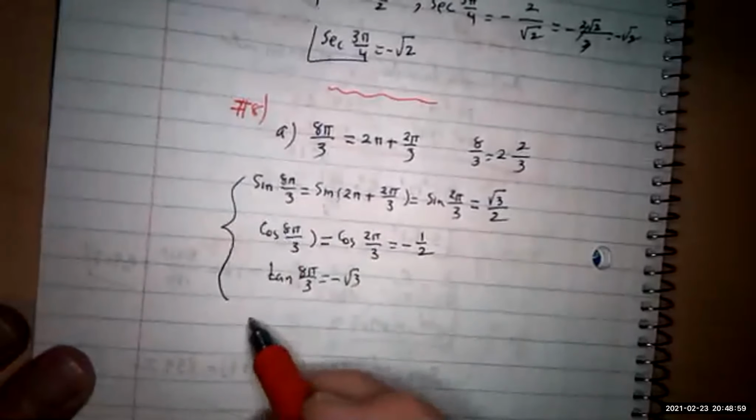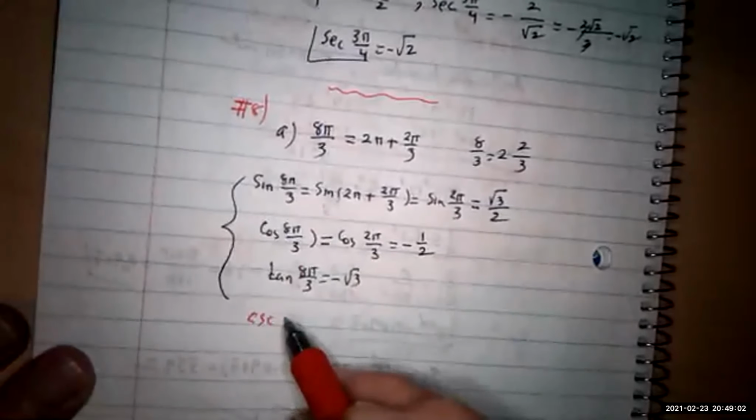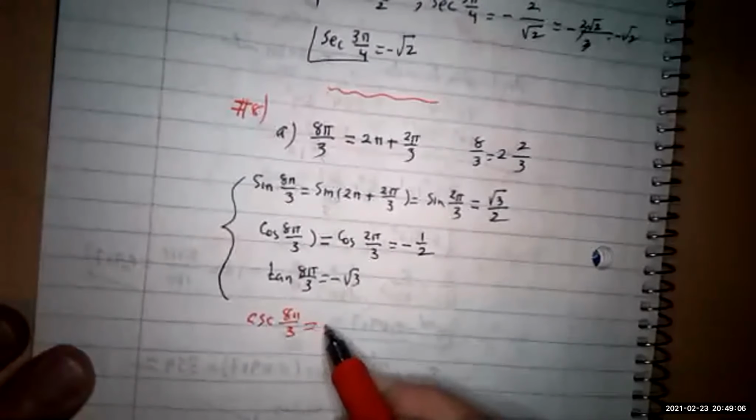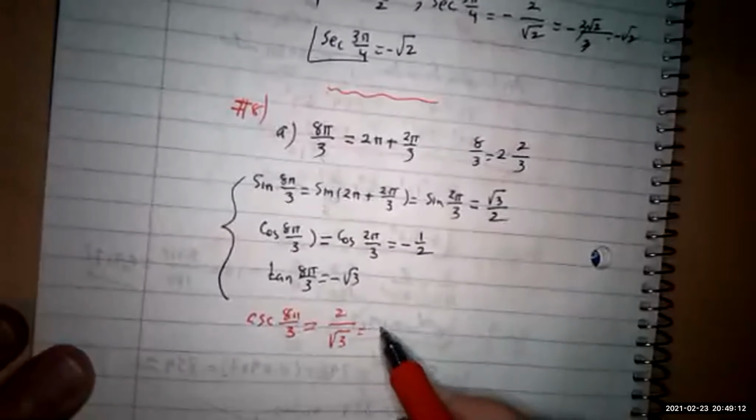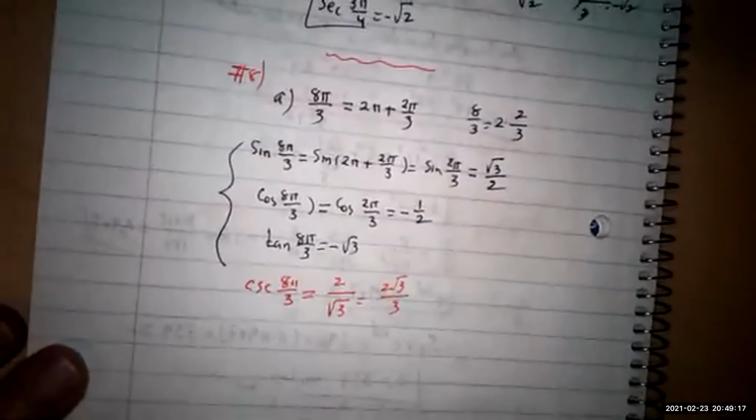So cosecant of the 8 pi third is going to be, you just use the reciprocal of this one, 2 over radical 3. So it's going to be 2 radical 3 over 3. So that's a cosecant.